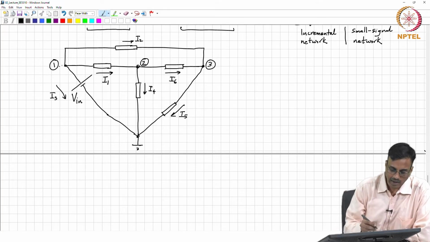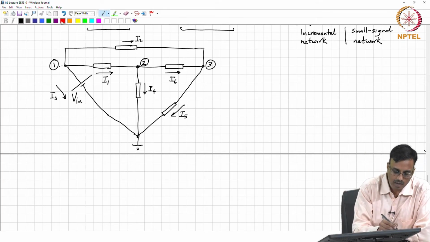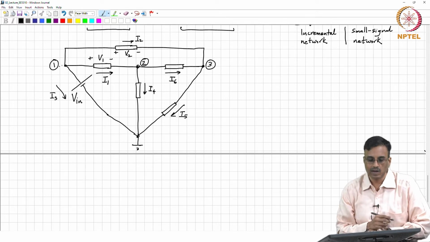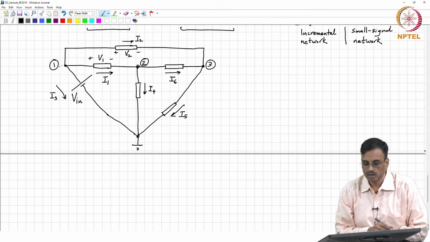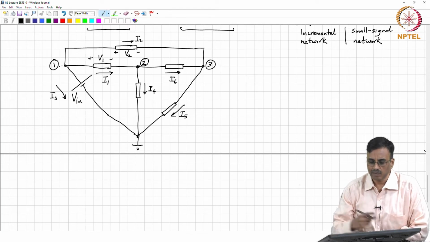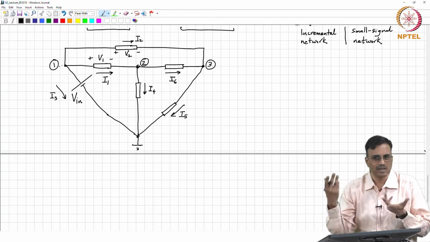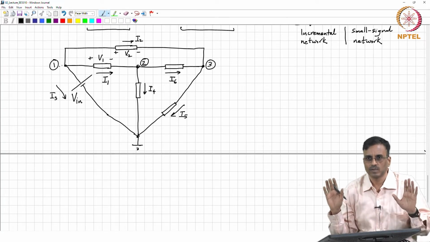So the voltages across the branches are going to be V1, V2, etc. Okay, I am not labeling all the branches. The idea is that if a current I5 is flowing through a branch, then the voltage across that branch is capital V5. Okay, all right.